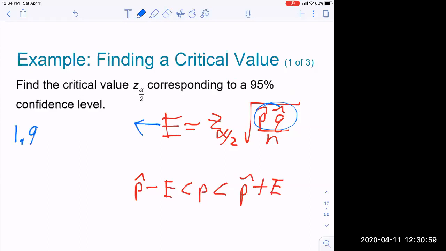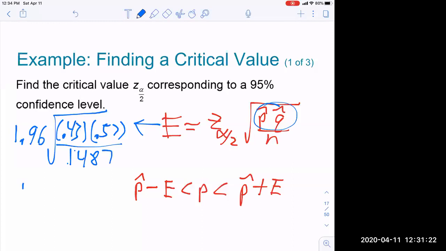1.96 times the square root of p hat, I forgot what p hat was, 0.43. Q hat then is 0.57, the complement, and our n is 1487. Let's find that.